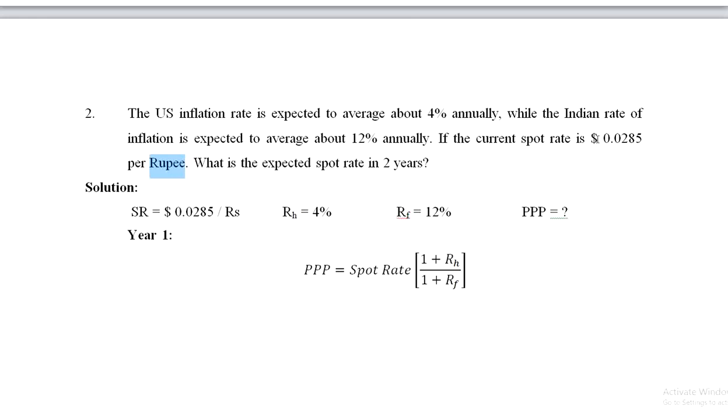This is the only rule by which you identify the home country and host country: wherever a spot rate is given, that country is mentioned as the home country. And now what we have to find is the expected spot rate in 2 years.